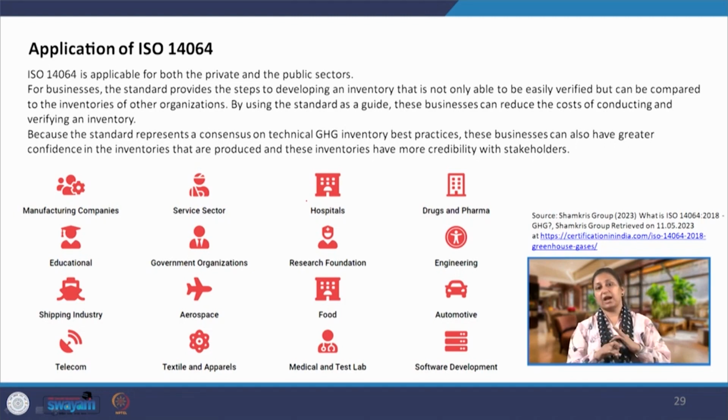It is a standardized framework which can be applied to any organization and any industry which wants to report GHG emissions. Helping them understand what to do when we want to report these emissions, and how to verify and validate, is what will be facilitated through ISO 14064.